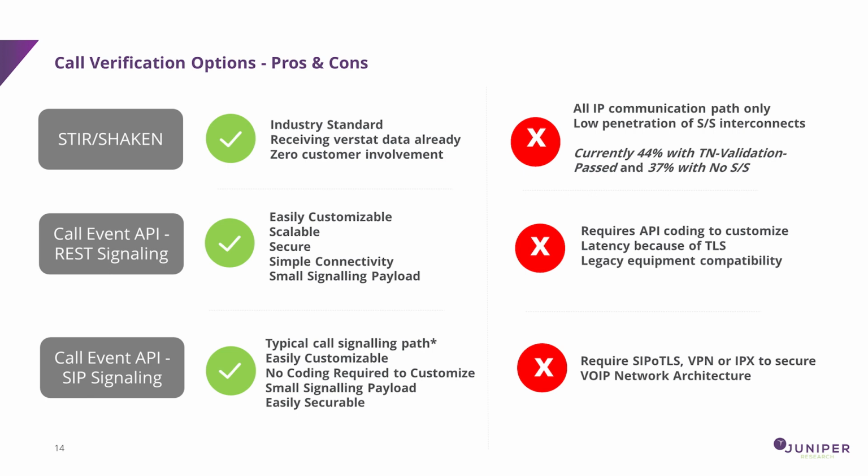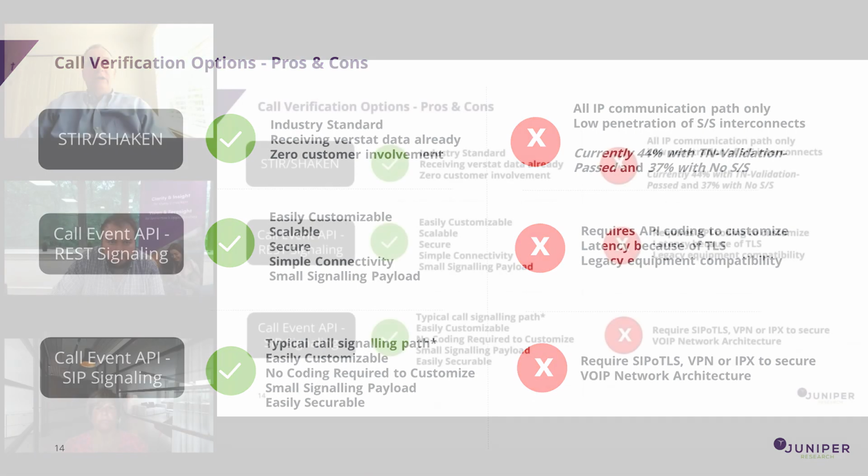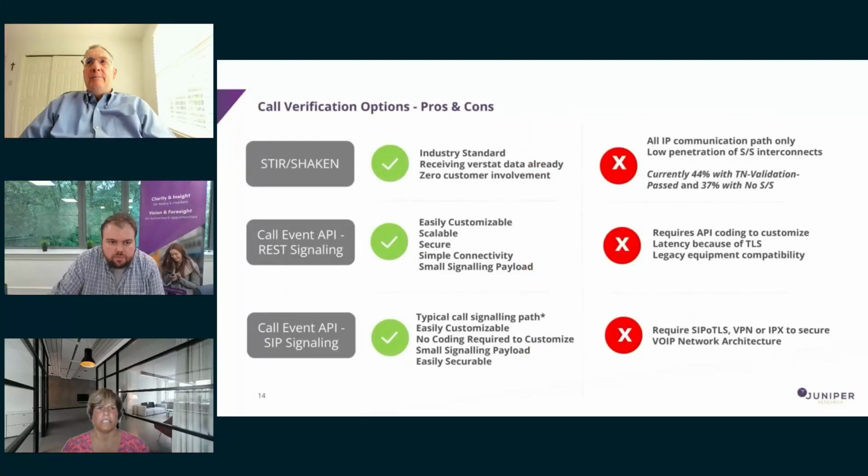So to summarize, if we move to the next slide, why do we need both solutions from a STIR/SHAKEN perspective? With our branded calling customers that we've seen so far today, about 44% have TN validation passed, which tells us that that call has been authenticated. But unfortunately, still well over a third of the calls have no STIR/SHAKEN information. And again, that could be because the call either started out as TDM or hit some TDM link within the network.